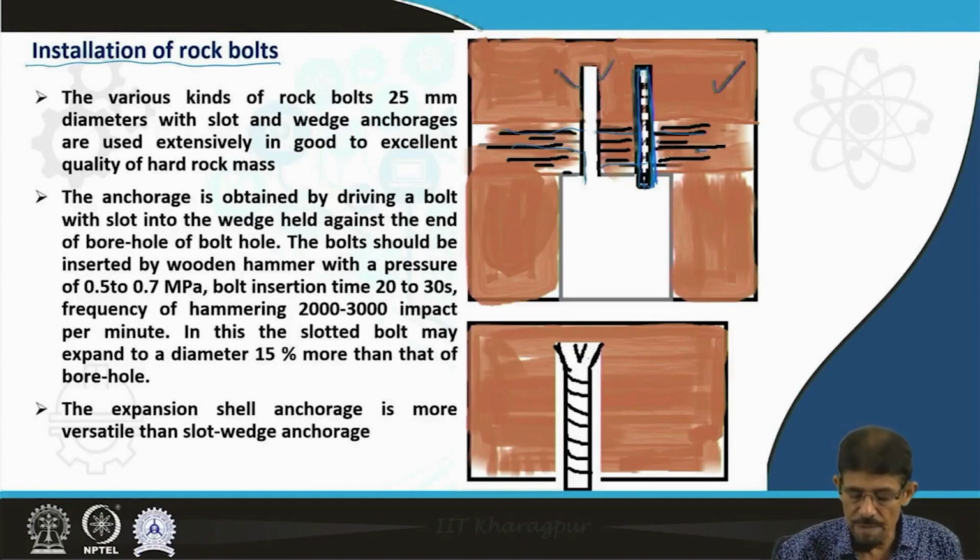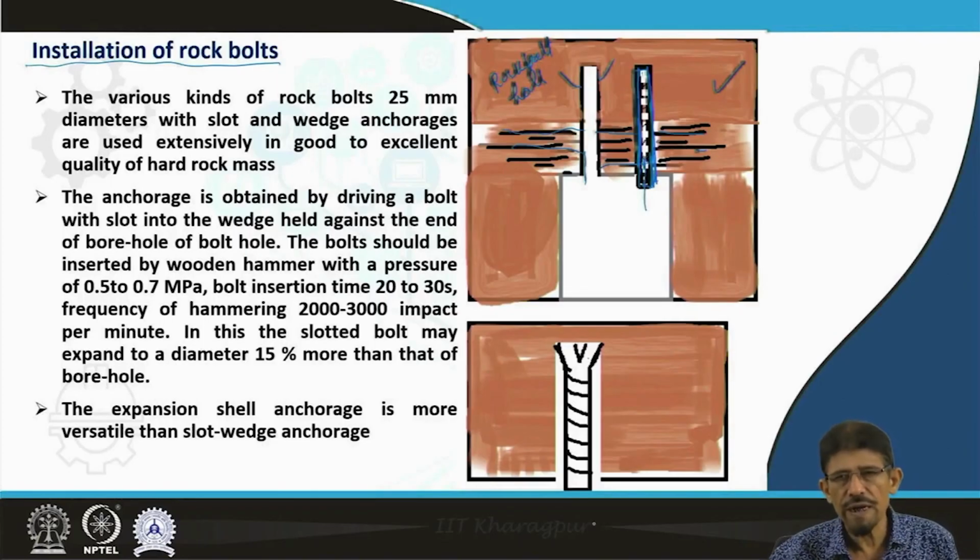This type of hole is known as a bolt hole or rock bolt hole. In the rock bolt hole we are going to insert the selected rock bolt with the help of a wooden hammer, so that the damage to the bolt can be minimized.